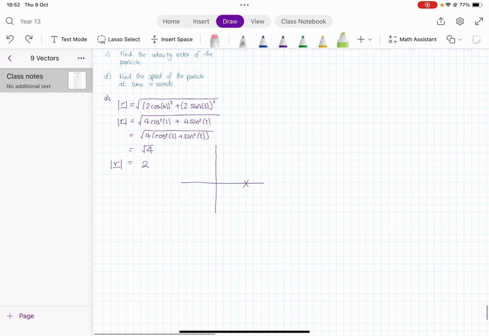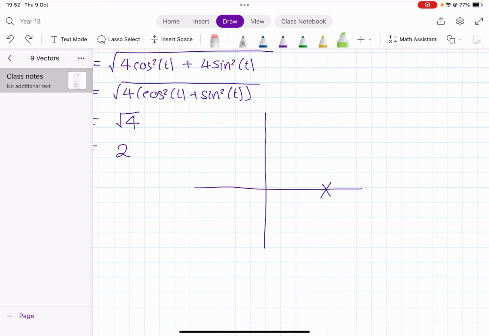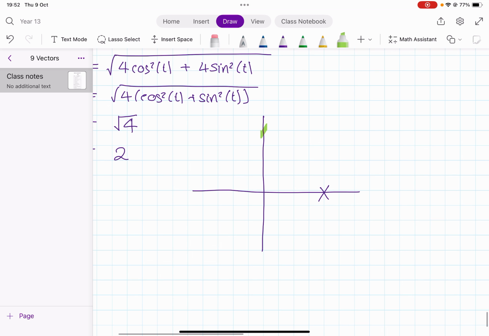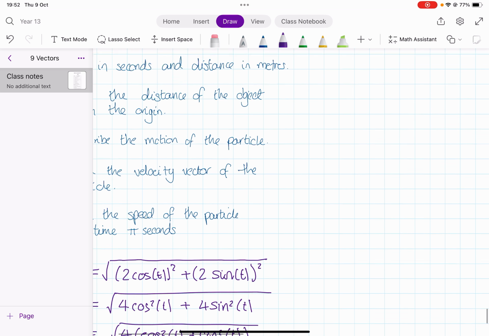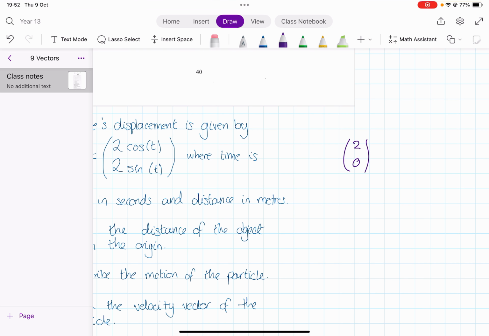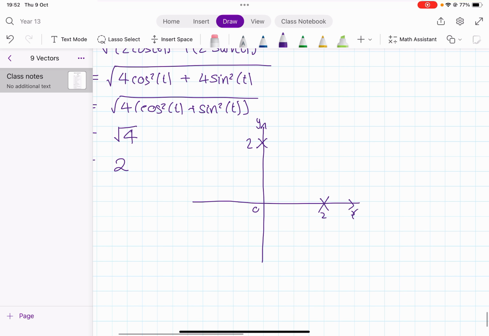Once we get there, the x component will be 0, and the y component will be 2. Let's put 2 here, 2 here, and x, and there's our origin. If we keep on increasing time, cos will become -1, and sine will become 0. So we'll get to this point here.